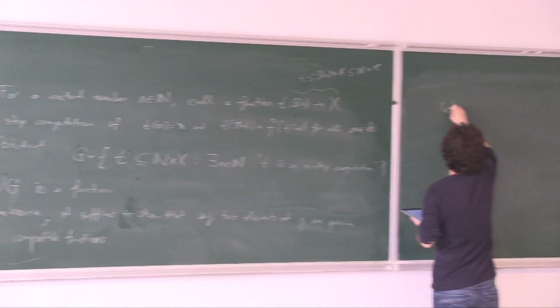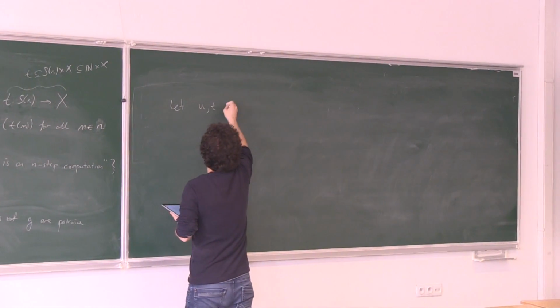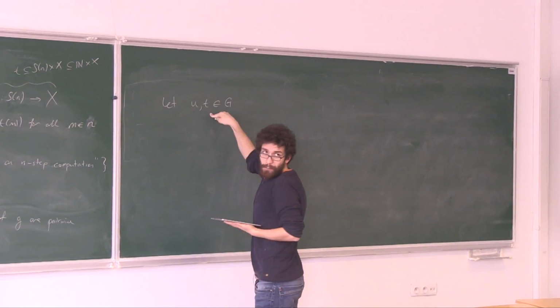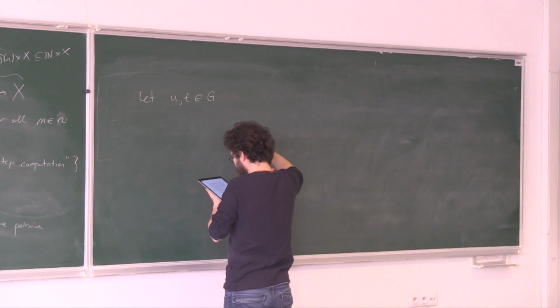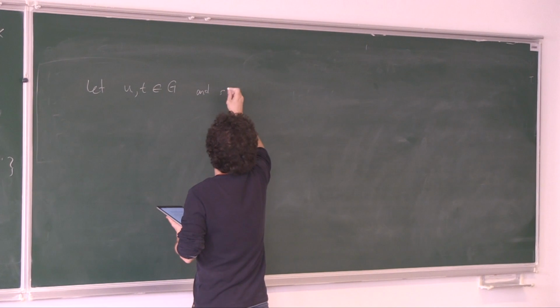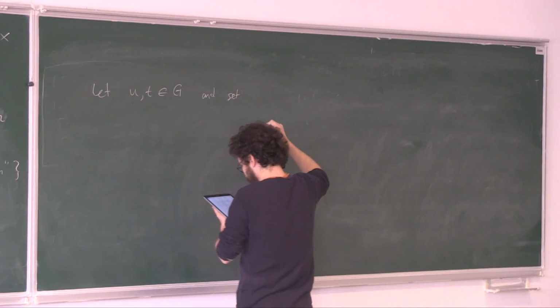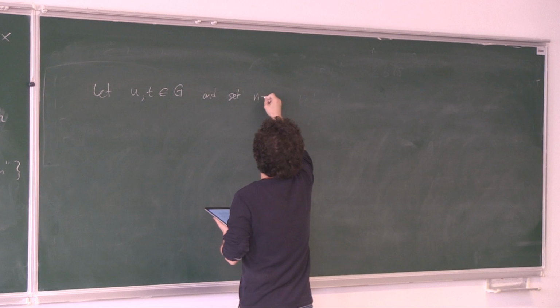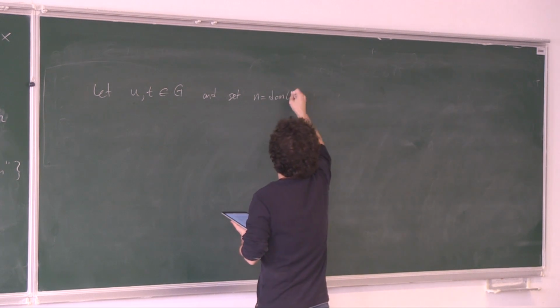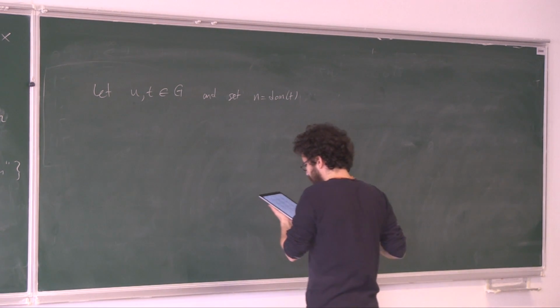Now, let U and T be computations. Let's say that T is an n-step computation, well, no, an n minus 1-step computation in this case.